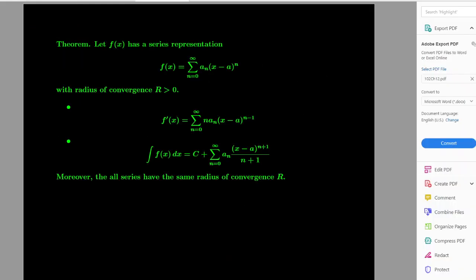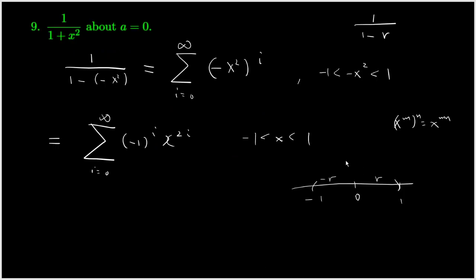The conclusion I'm trying to tell you here is the radius of convergence is the same. The only difference is one of the two endpoints. By that I mean after integrating, 1 or -1 could be in the interval of convergence.